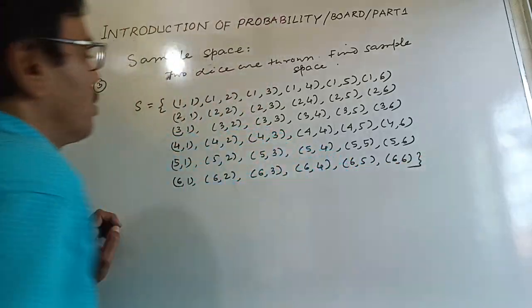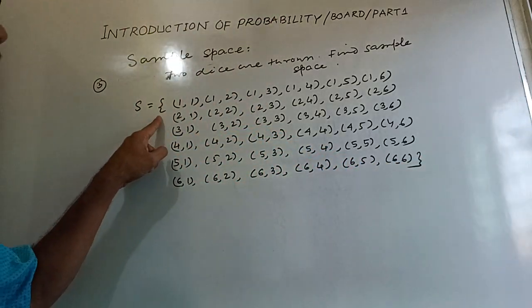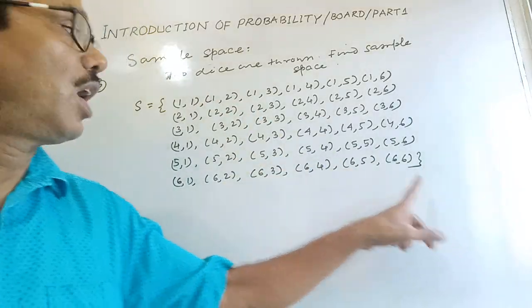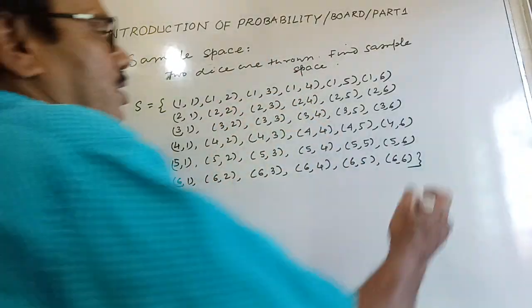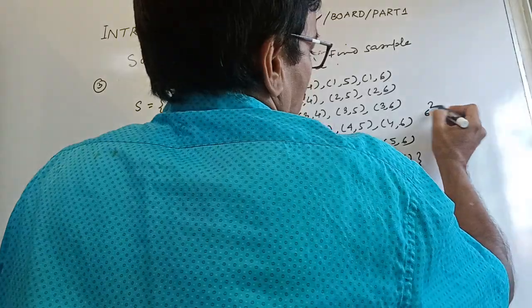So these are the possible cases. Second bracket close. How many cases? 36. So 6 to the power 2.